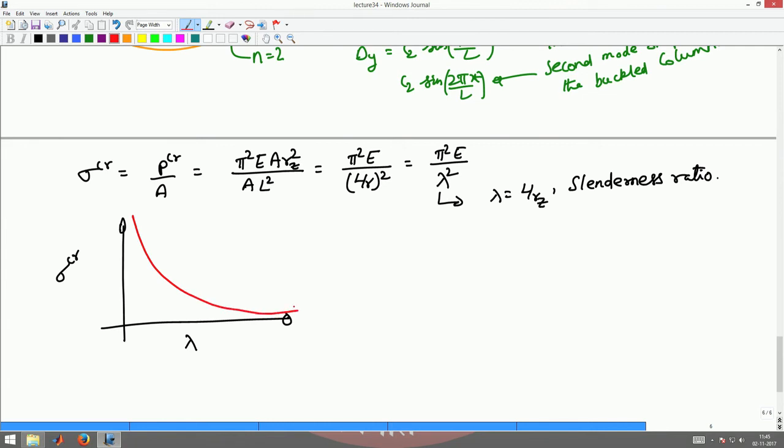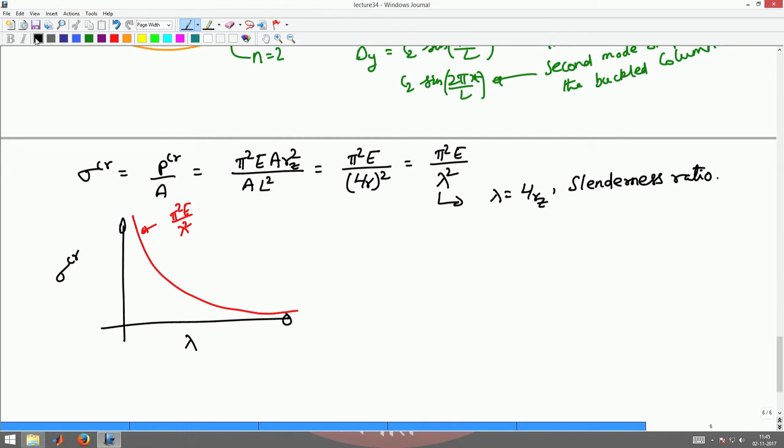As lambda tends to infinity, the stress will go to 0. As lambda tends to 0, the stress will go to infinity. So, basically this is how the relationship between sigma critical and slenderness ratio is. This is given by pi squared E by lambda squared. Okay. This is how the relationship is.